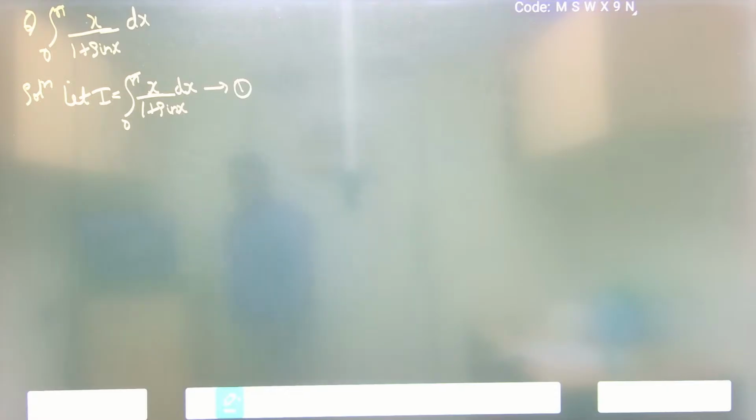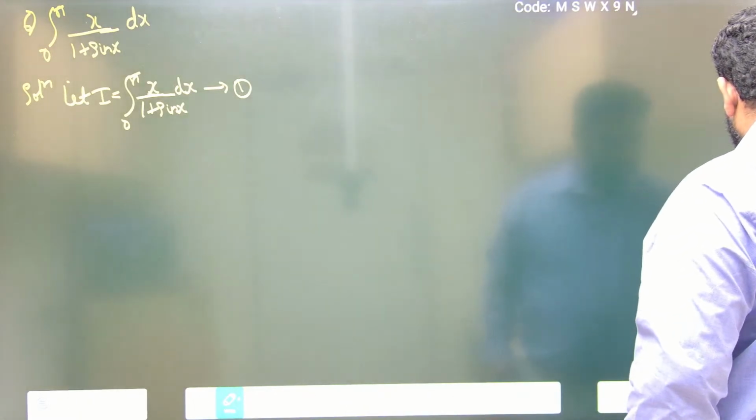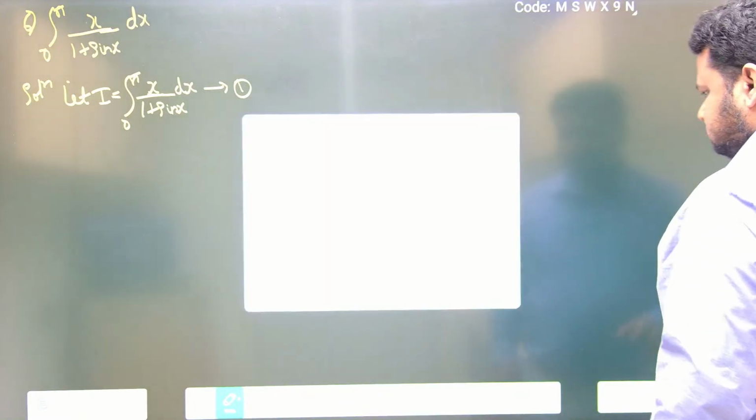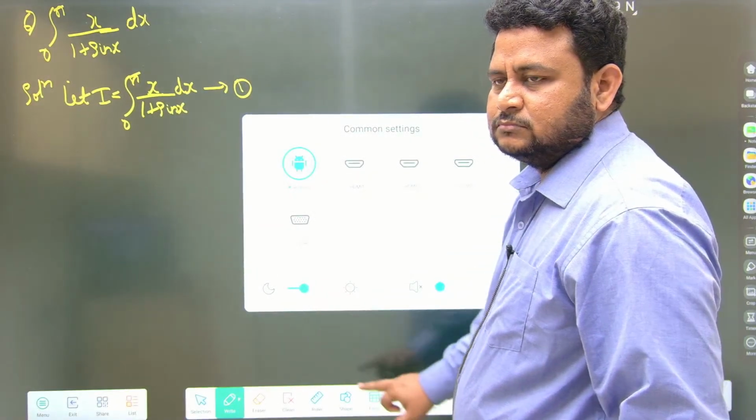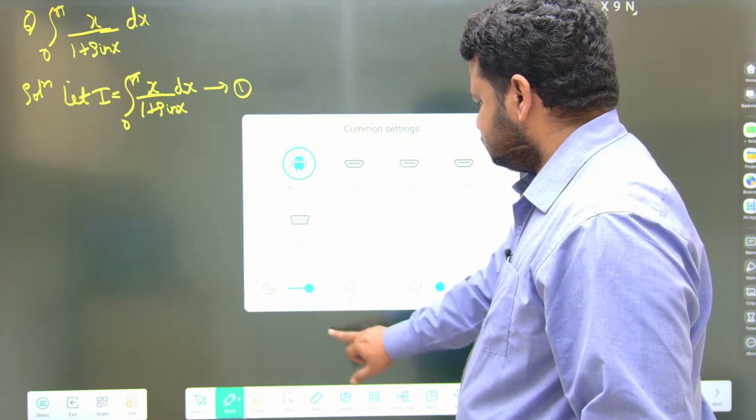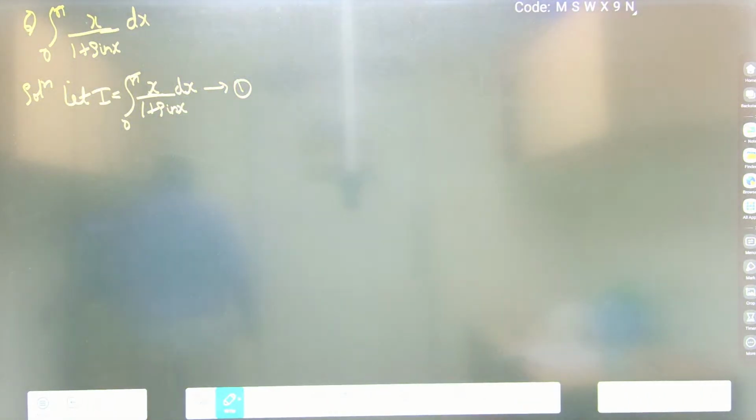Clear? I think the brightness is more. Let me check once. Okay, now I think it is clear. If I reduce the brightness, okay, I think now it is more clear.